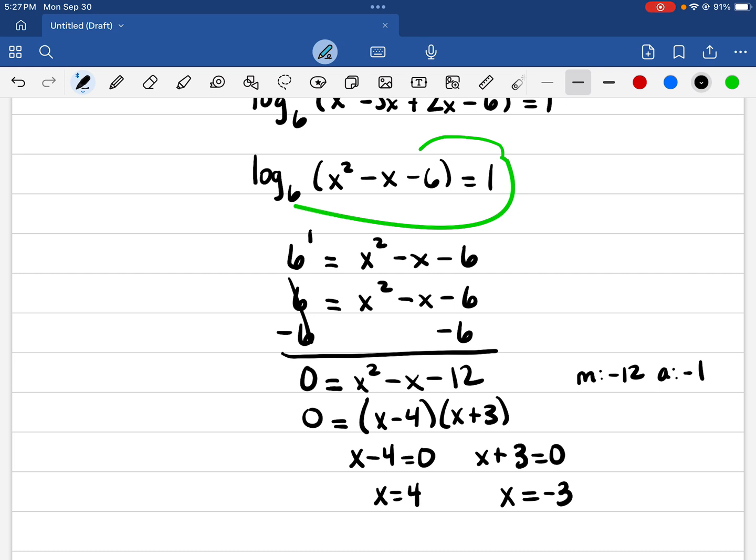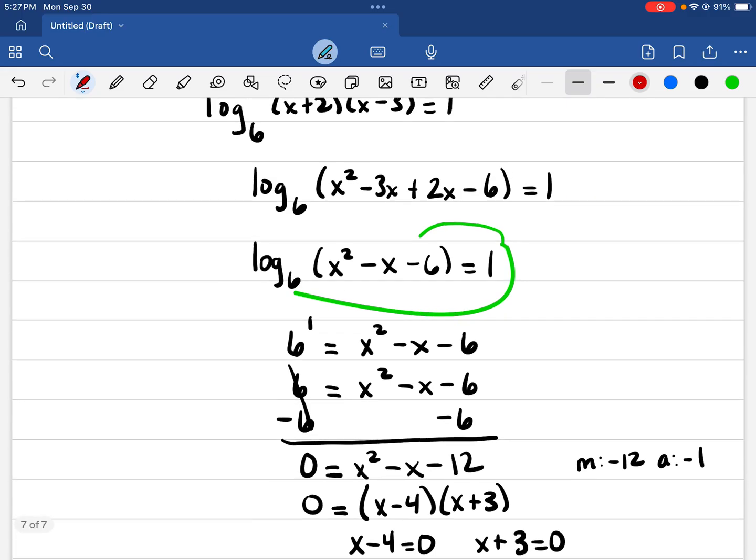All right, and then this brings up a point here. When you get a negative, especially when you get negatives, it's going to be very important that you go back and you plug that in to your original equation and see if that has you taking the log of a negative number.